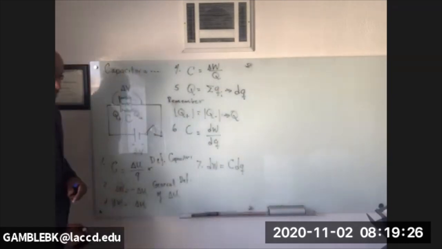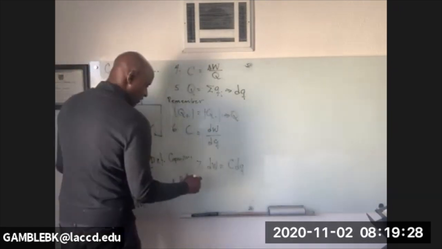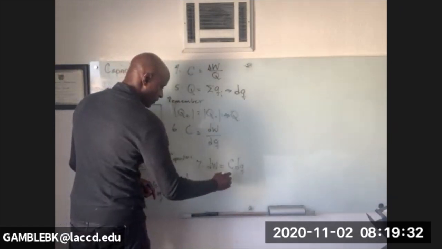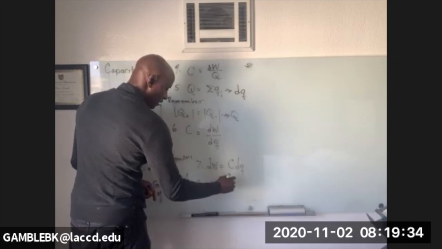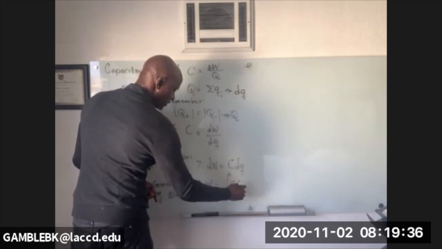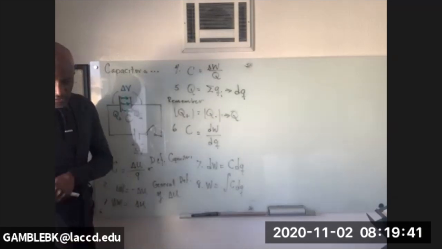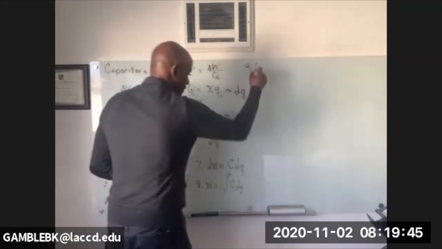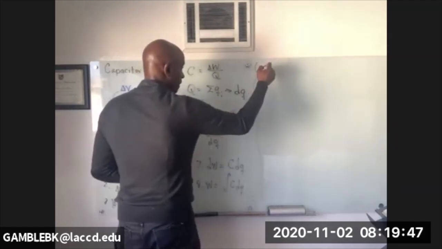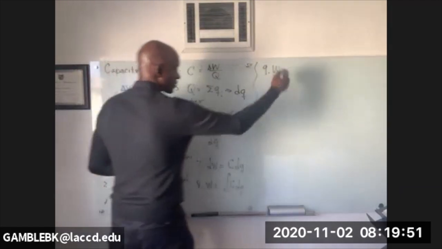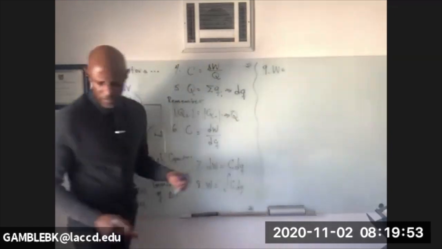When we integrate both sides, we're going to get that the total work is equal to the integral of the charge. Now, the capacitance in general is constant, so it comes out of the integration. And we get that the total work done, the charge of the capacitor is equal to the capacitance comes out. Is that right?